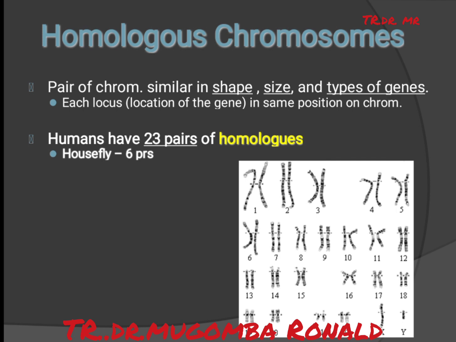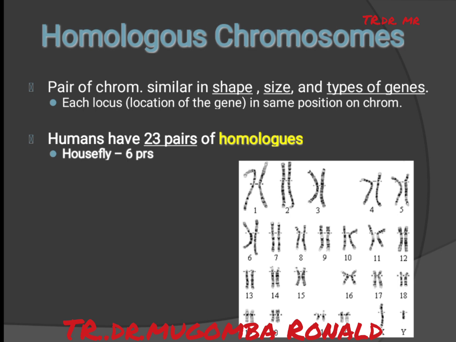Homologous chromosomes are a pair. There is an event that is so specific to meiosis, and that is homologous pairing, or what they usually call synapsis. It is specific only to meiosis.